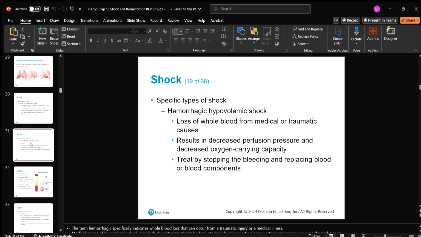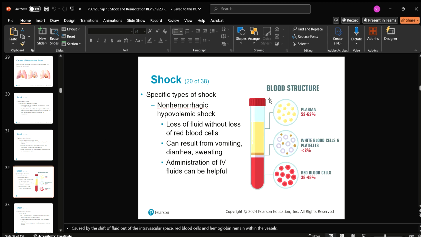Hemorrhagic means that they are bleeding out, and if they are bleeding out, we're losing the whole blood. So we're losing the plasma, the white blood cells and platelets.